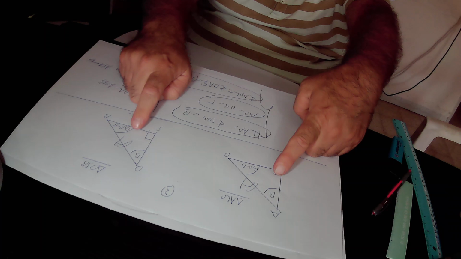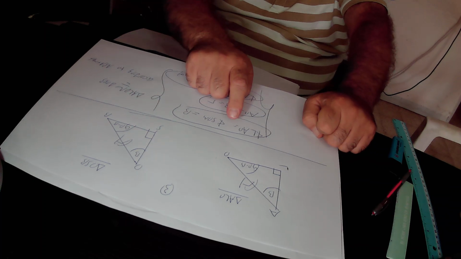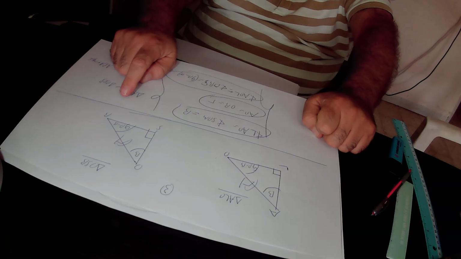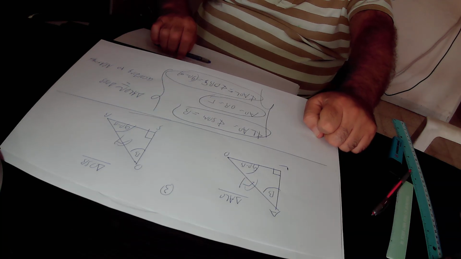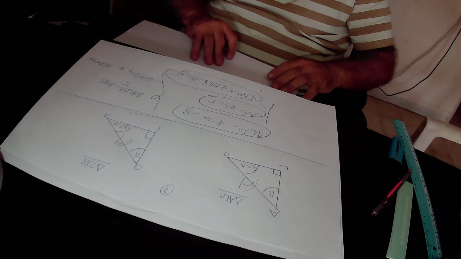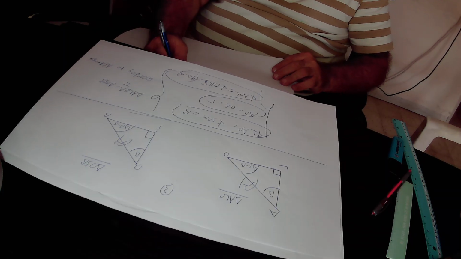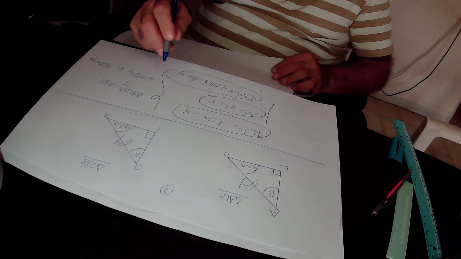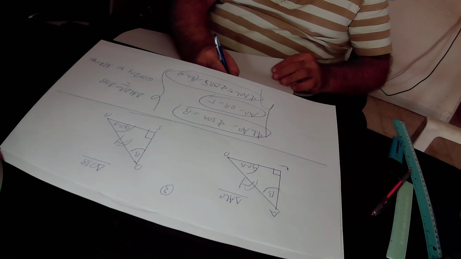Those two triangles can go into each other, and therefore the two corresponding sides, OL and SB, must also be equal to each other in their lengths. So we found out that side OL of the right triangle ALO is equal to side SB of the right triangle OSB.